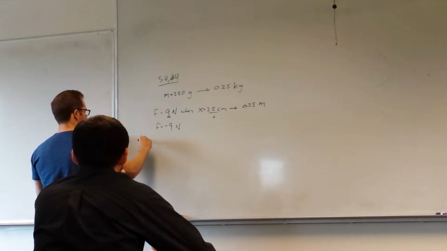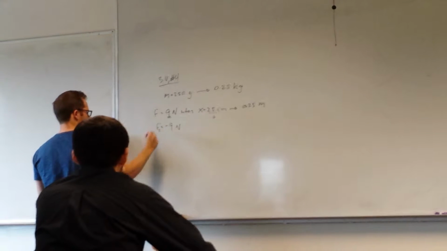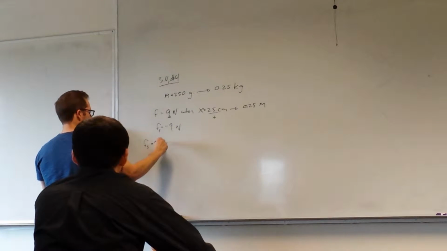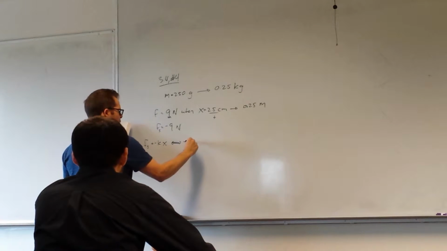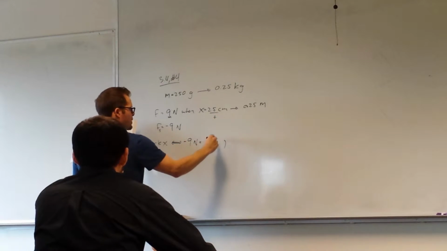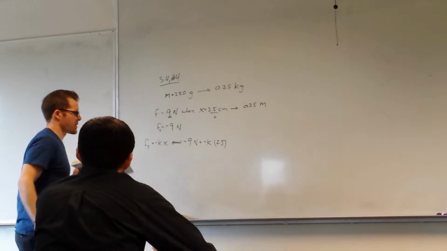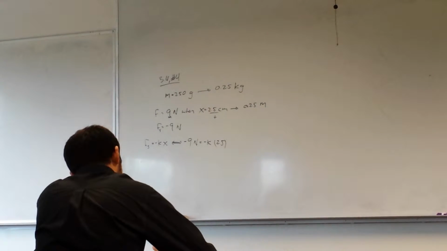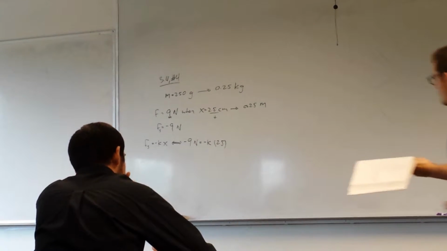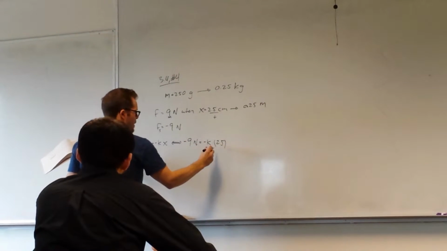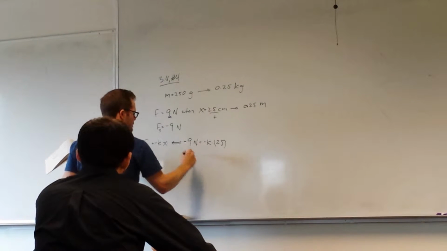So the spring constant, remember, F sub s equals negative kx. So from that, we know that negative 9 newtons is equal to negative k times x. And that allows us to actually solve for the Hooke's constant in this problem. So solve this for k, and what do we get?